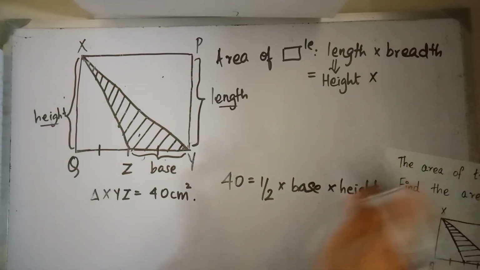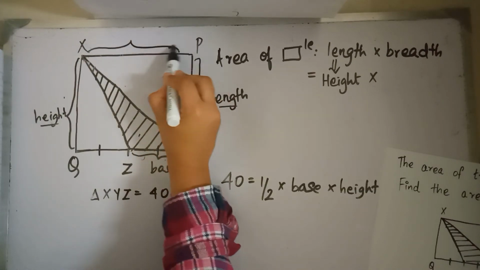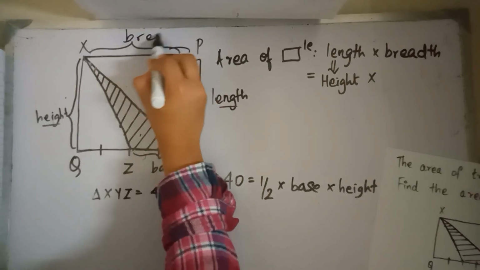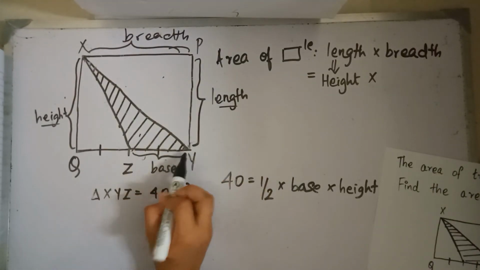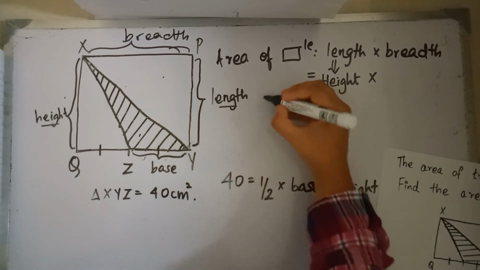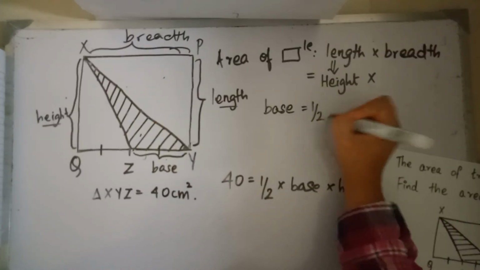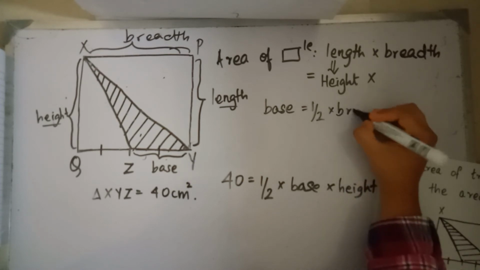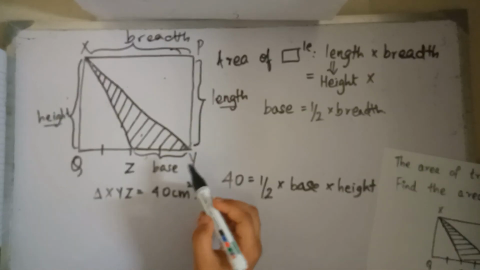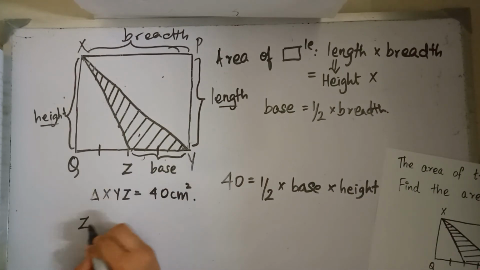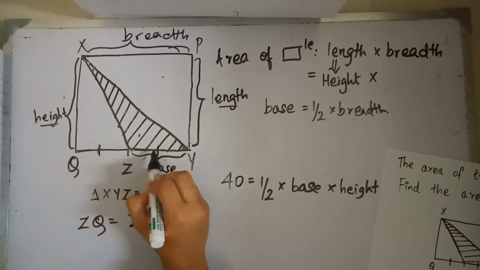Let's look at the breadth. What is the breadth? Breadth is this whole region. If we compare it with the base of the triangle, we can see that the base is equal to half of the breadth. Is that correct? Because we know that ZQ is equal to ZY due to the equality symbol.